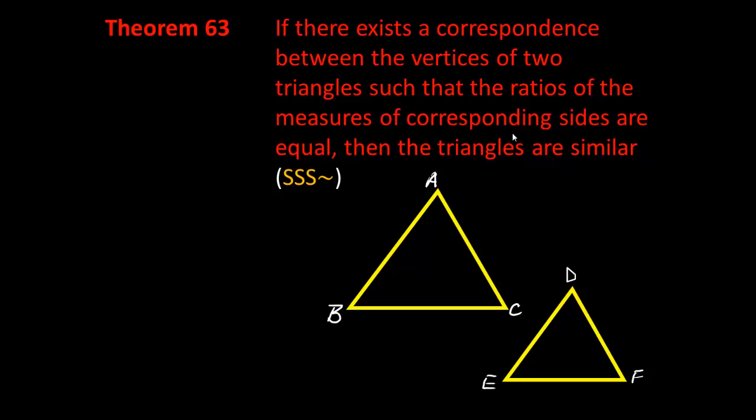Moving right along. Theorem 63 states that if there exists a correspondence between the vertices of two triangles such that the ratios of the measures of the corresponding sides are equal, then the triangles are similar. And this is side, side, side. But we add similarity at the end to show that it's only for similarity, because we're talking about the ratios being equal, not their lengths.